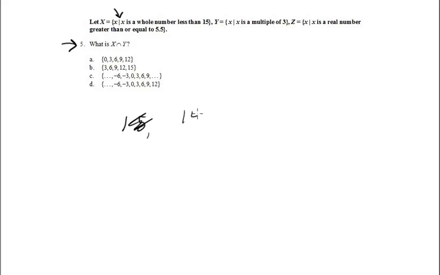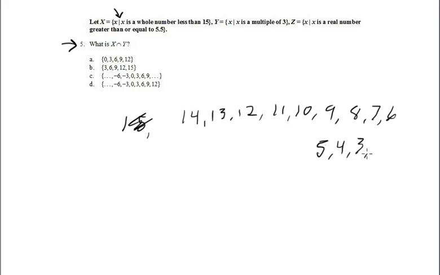We want 14, 13, 12, 11, 10, 9, 8, 7, 6, 5, 4, 3, 2, 1, and 0. Remember to keep 0 in there. So that's X in roster form.